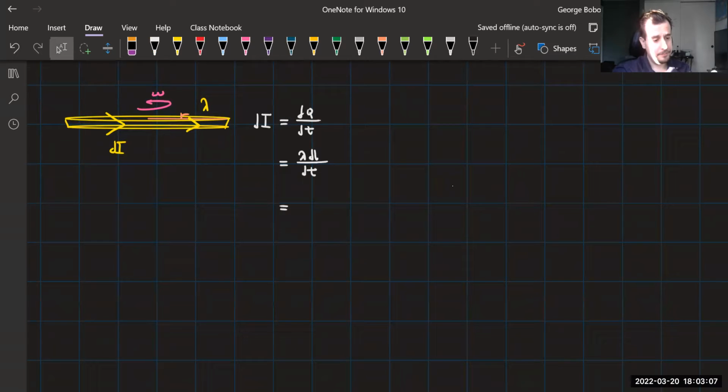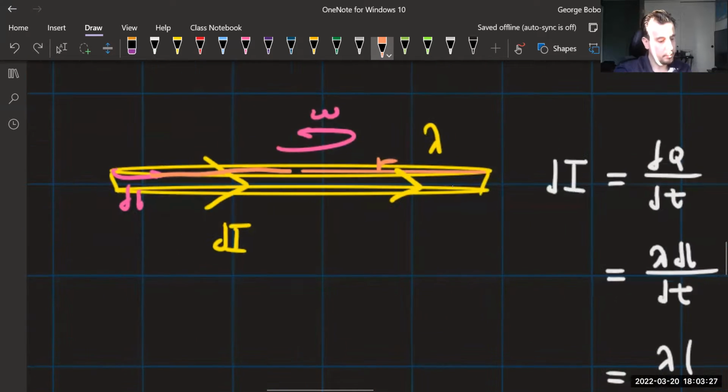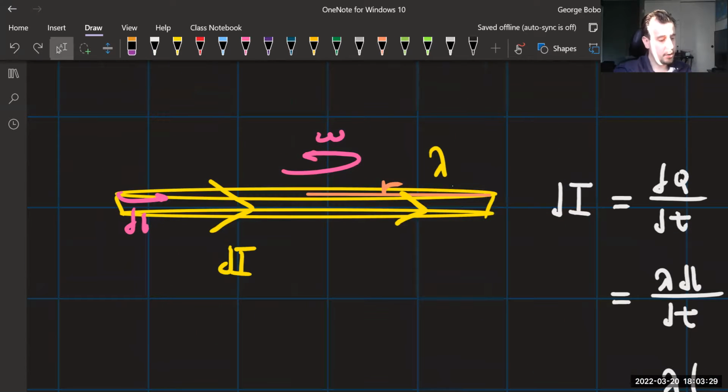If I'm trying to find what dL is on this little ring, what is this little dL? I'll zoom in a little bit. I want to find the size of that dL. It's going to be r d phi, because that little angle in there is going to be d phi.